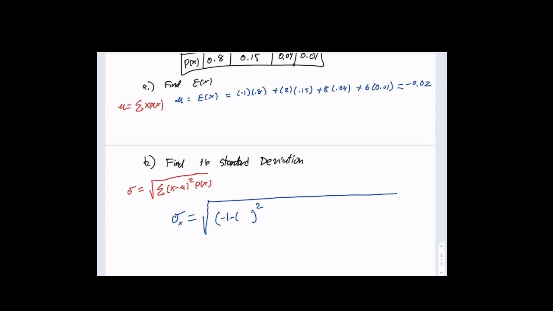This is a simple question. What is the mean? The average. No, what is it? What is the value of the mean in this problem that we just calculated in part A?